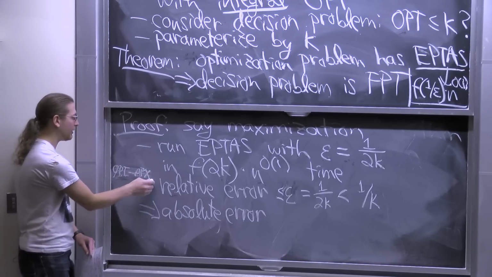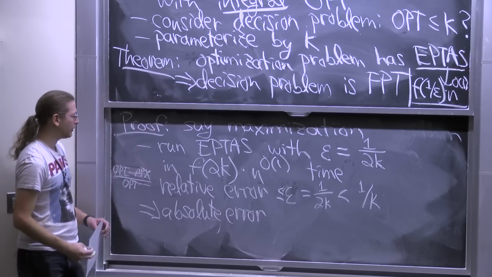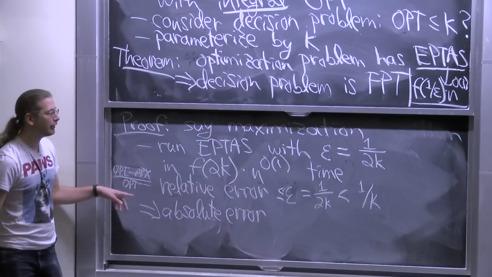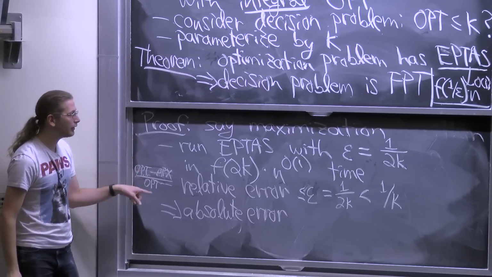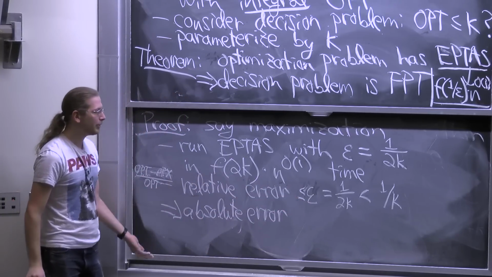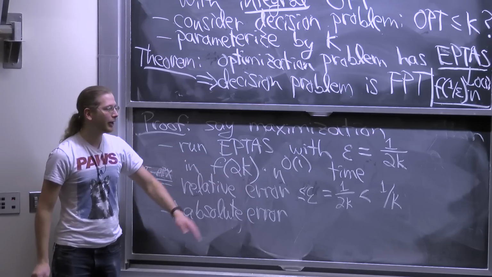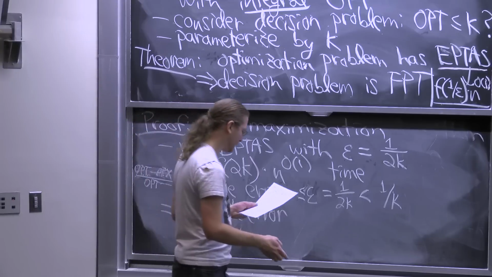Relative error is when I just divide that by opt. So usually you state it in terms of 1 plus epsilon. If you state it in terms of relative error, the 1 disappears. You just get epsilon. The absolute error, which is opt minus APX, is I take the relative error and multiply it by opt.